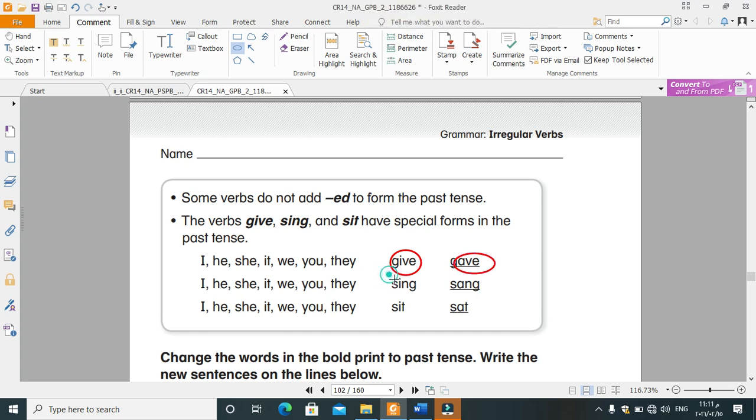And sing, it will be sang. And sit, it will be sat. And don't forget that in the past, you don't need to add ed. And the verb here can agree with any subject, singular or plural.